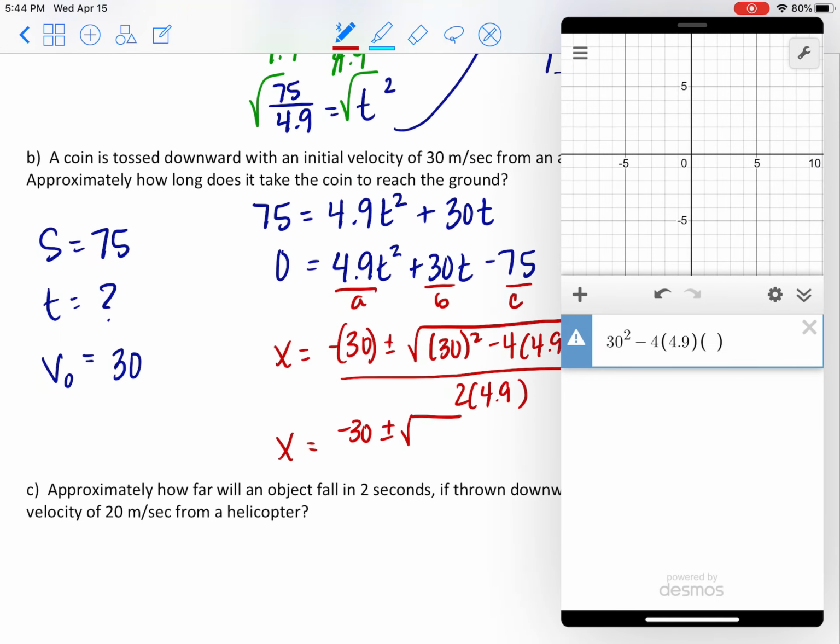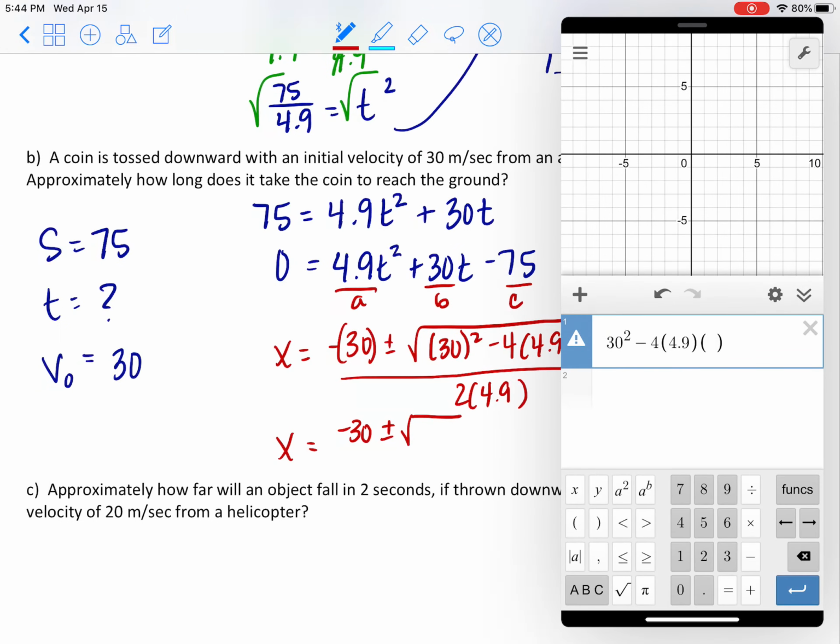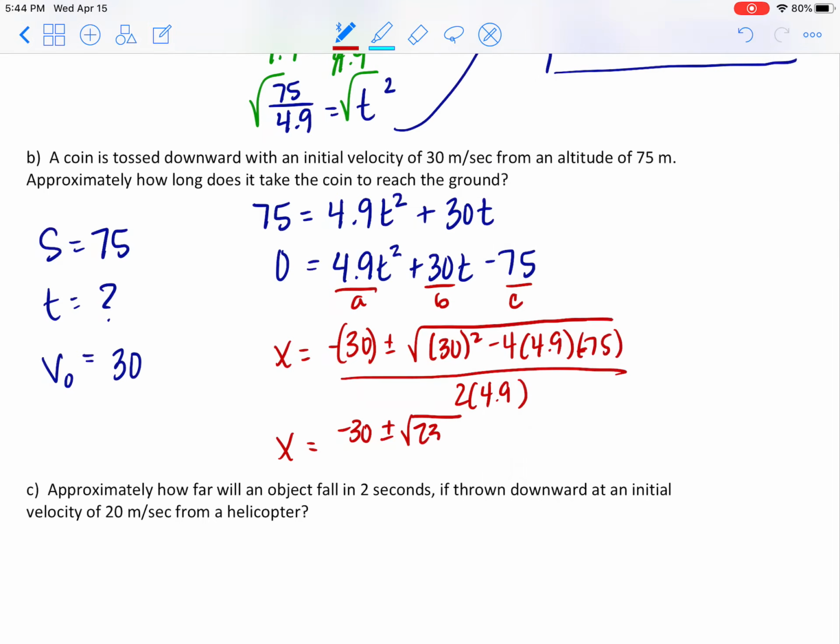This is a negative 75 in here. Negative 75. Okay, negative 75. All right, so 2,370. And then at the bottom, 2 times 4.9 is going to be 9.8.